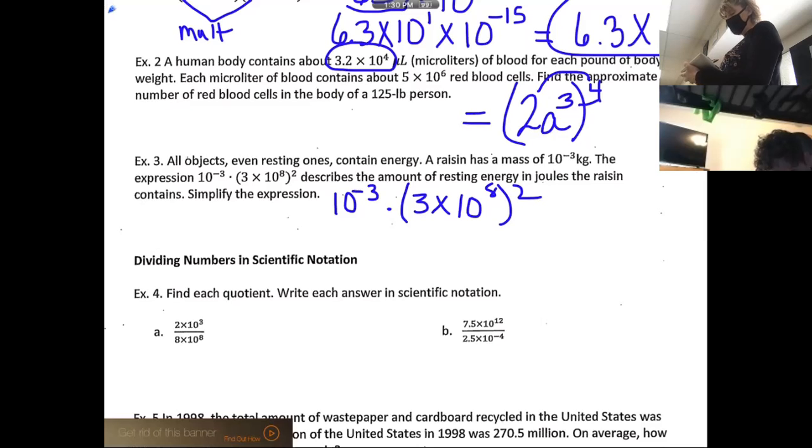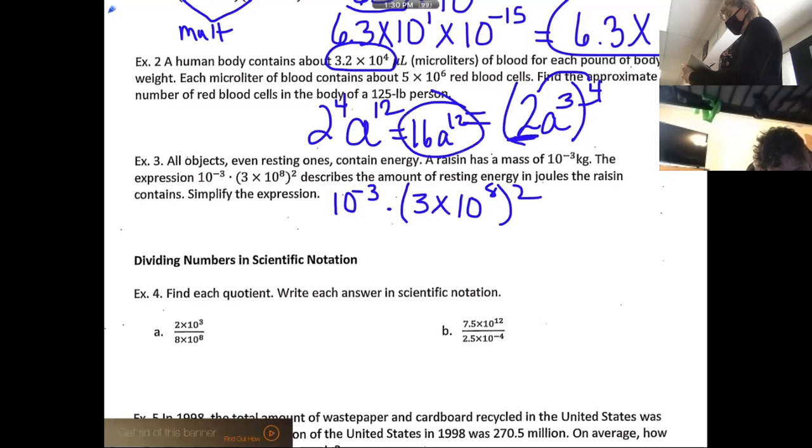So that gives us 2 to the 4th, a to the 12th. So 2 to the 4th is 2 times 2 times 2 times 2, so this would be 16a to the 12th. So you raise this thing to the power and you multiply the powers. Okay, that was our rule. This is supposed to be review of something we learned last week.